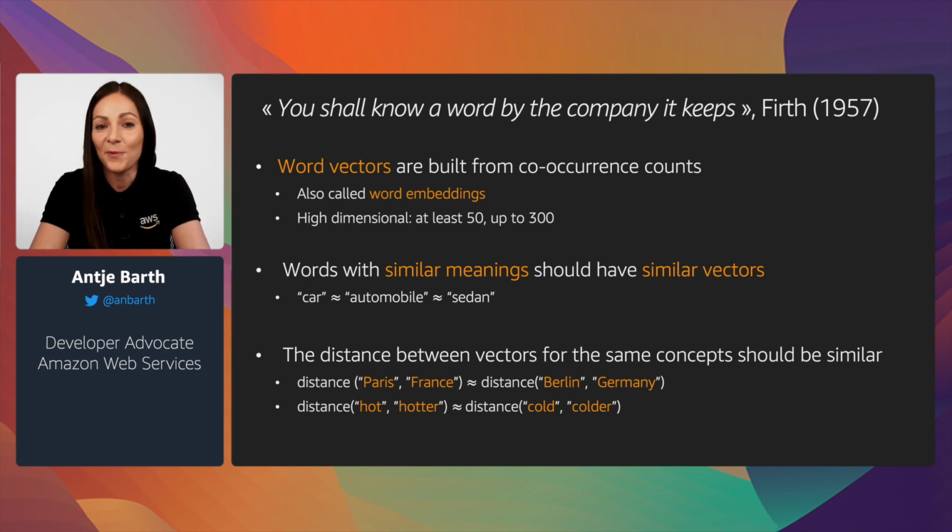So the distance between Paris and France should actually be similar to the distance between Berlin, guess what, and Germany. Also, the distance between hot and hotter should be similar to the distance between cold and colder. So we're really able to encode semantics now with those word embeddings.